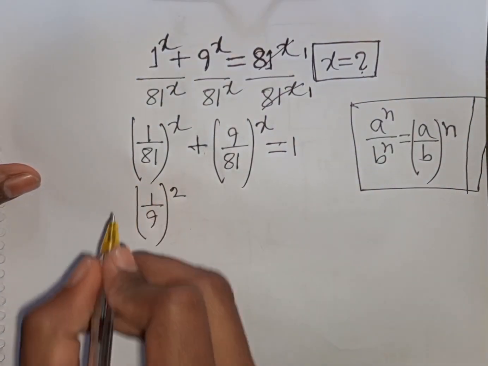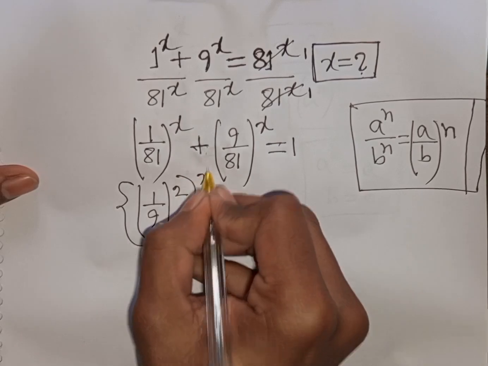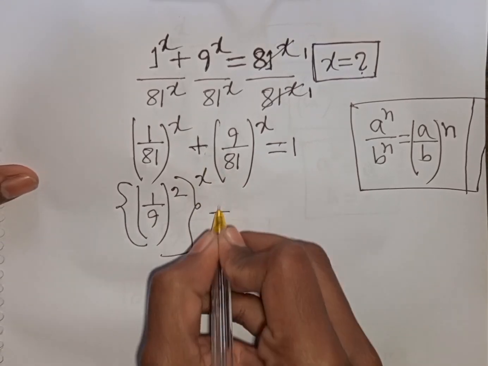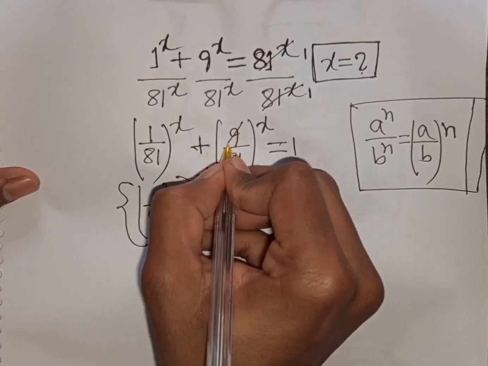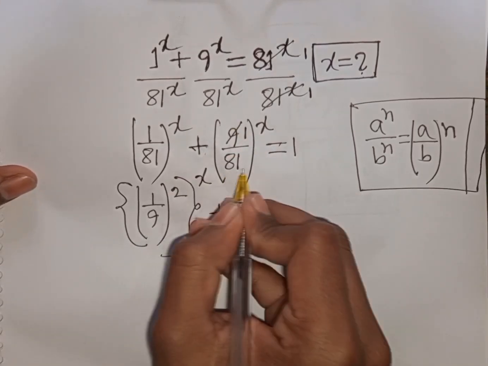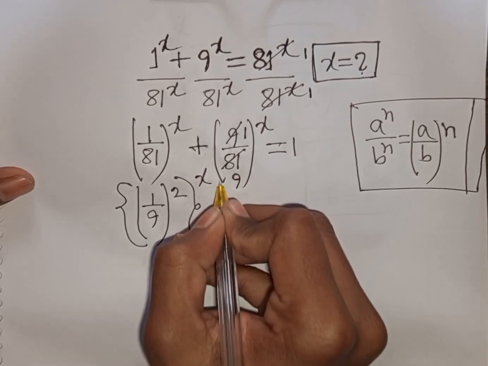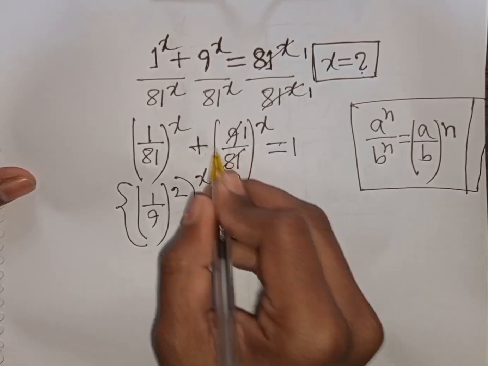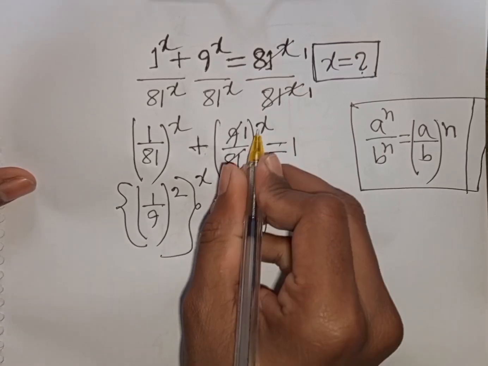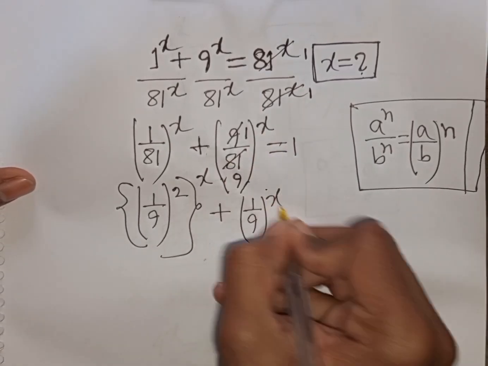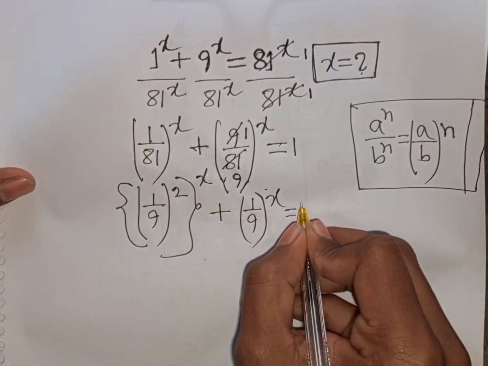Then this first bracket can be written as second bracket, then power of x, plus here 9 divided by 9, that means it will be 1. 81 divided by 9, that means it will be 9. So we have 1 over 9, then bracket power of x, is equal to 1.